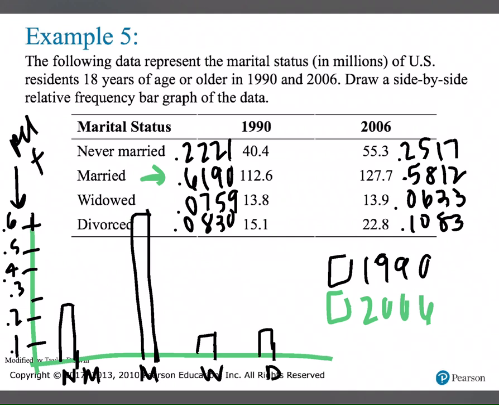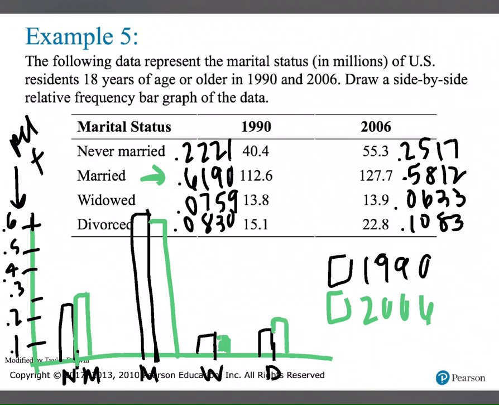But try your best. And then I'm going to do 2006, and I'm going to do that in green. And so never married was 0.25, married 0.58, widowed a little less. Let's see. And divorced was 0.10.